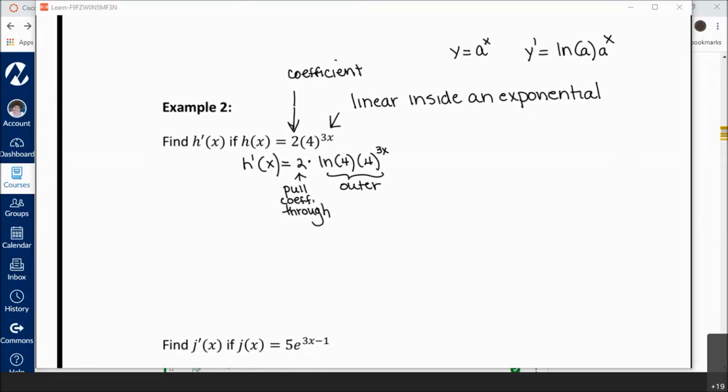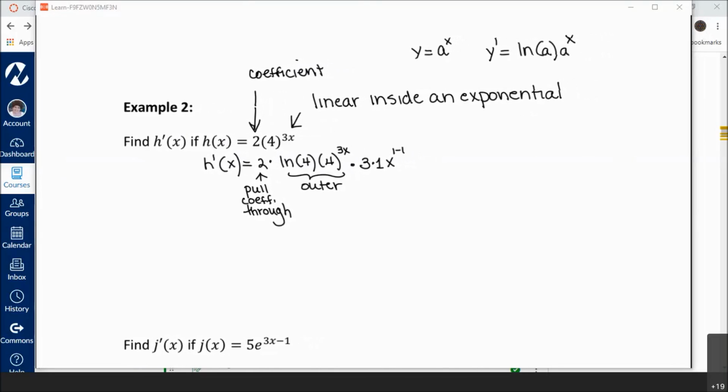And then I have to differentiate my inner function, which is the linear. If I want to differentiate 3x to the first, the 3 is a coefficient, just pull it through. For the x to the first, bring down the 1, which is going to multiply this, and then I have x to the 1 minus 1. So there's the differentiation of the outer and the inner, and this can be simplified.